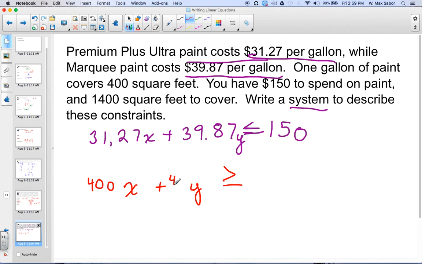The rates are both 400. 400 square feet for 1 gallon of x, 400 square feet for 1 gallon of y. And that has to be at least 1,400. So this is our system of inequalities to describe the constraints.